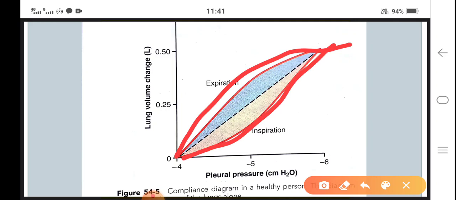The characteristics of the compliance diagram are determined by the elastic forces of the lungs. These forces can be divided into two parts. First, elastic forces of the lung tissue. Second, elastic forces caused by the surface tension of the fluid that lines the inside wall of the alveoli and other lung air spaces.